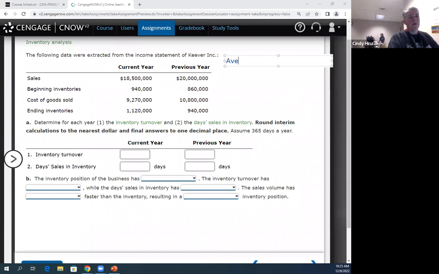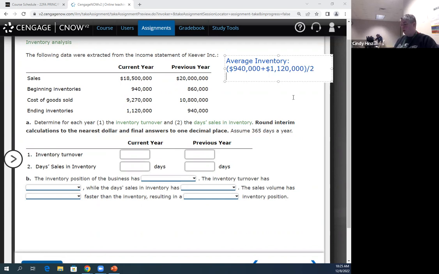So I think we'll start with the average inventory. For the current year, the average inventory would be the beginning inventory plus the ending inventory. You can see that the inventory went up during the year. As we pointed out on Tuesday when we talked about receivables turnover, we don't have any additional information.